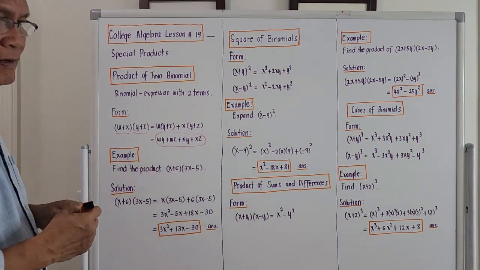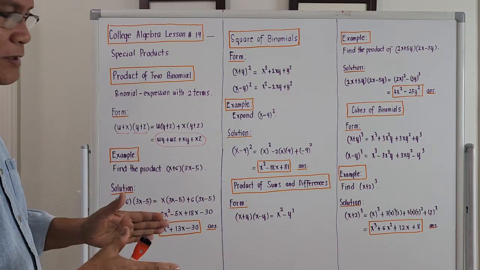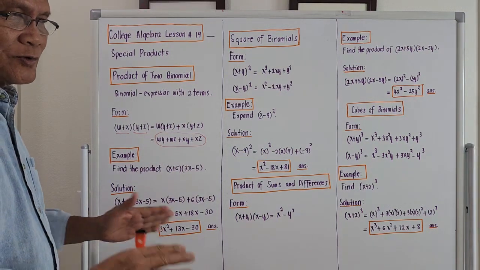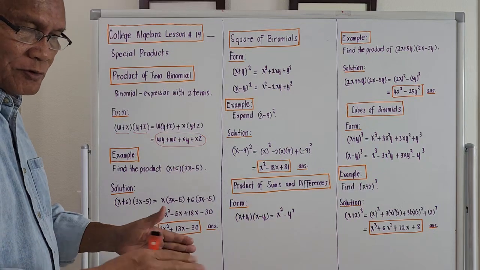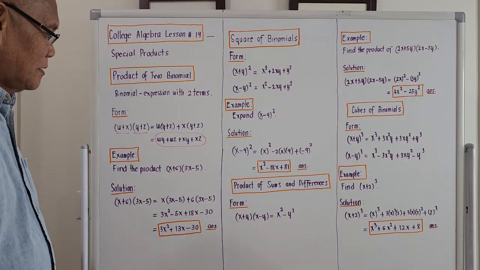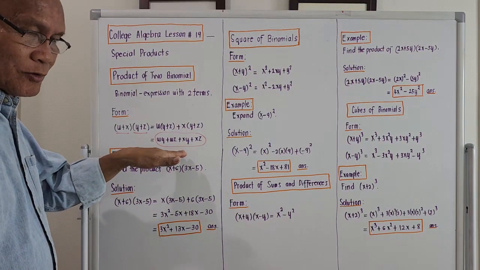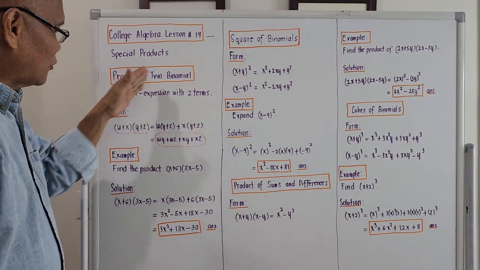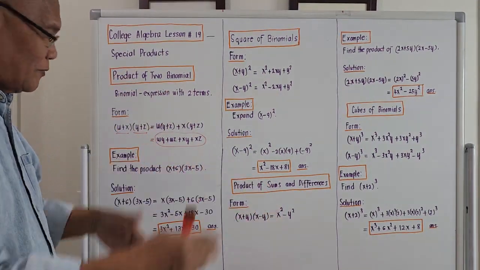That's how we multiply two binomials. You just expand using your distributive law, and you know your fundamental operations. So you could actually bring out the expansion, the product of two binomials or the expansion of two binomials.